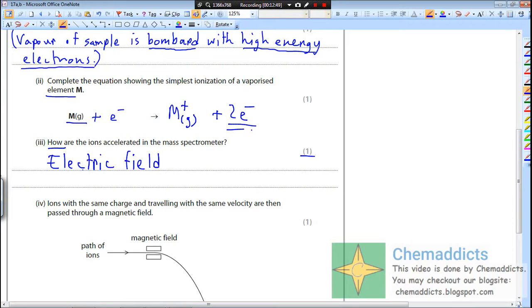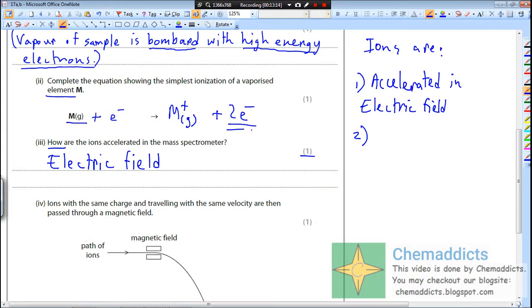This is one point: the ions are accelerated in the electric field. And there is another point: ions are accelerated in the electric field, then ions are deflected in the magnetic field.